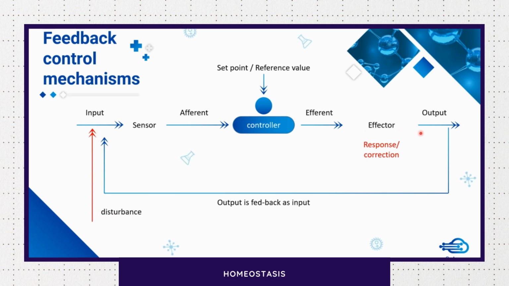So one is the change caused by the effector, which is bringing about the response or correction in the variable, and this is fed back as input, plus the disturbance, that is, suppose the external environment is causing a disturbance in the body temperature, so that is also integrated. So both of these will determine the current value of the input which is sensed by the sensor, and this continues.